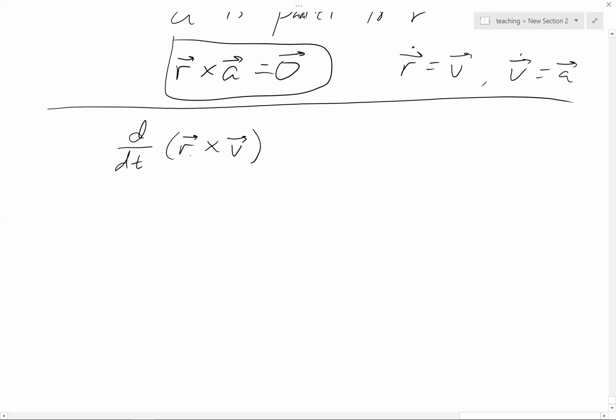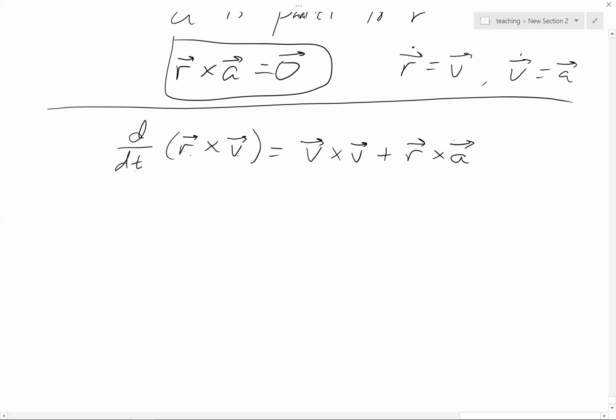If I take the derivative of r cross v, the product rule works for cross products just like for regular numbers. So the derivative of r is v, and then leave the second one alone. And for my second term, I leave the first one alone and take the derivative of v, which is a.